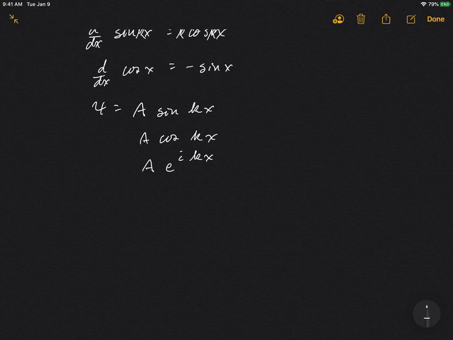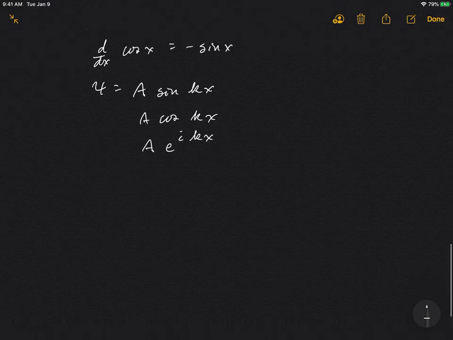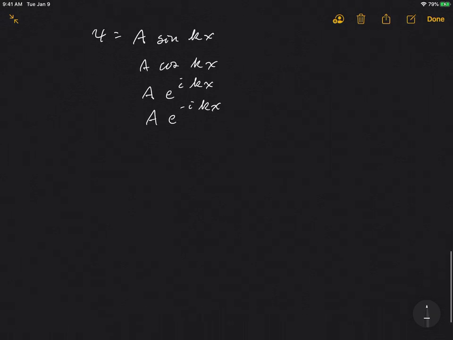Take the derivative one time, you get an ik. Take the derivative the second time, you get i squared, k squared, times a e to the ikx. And so i squared gives you the minus 1. And similarly, e to the minus ikx will work.